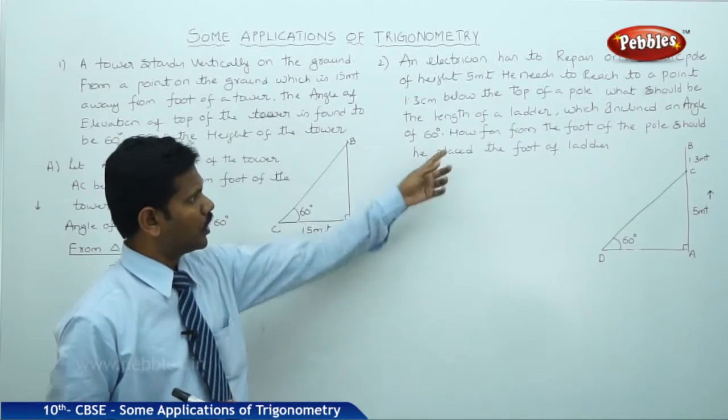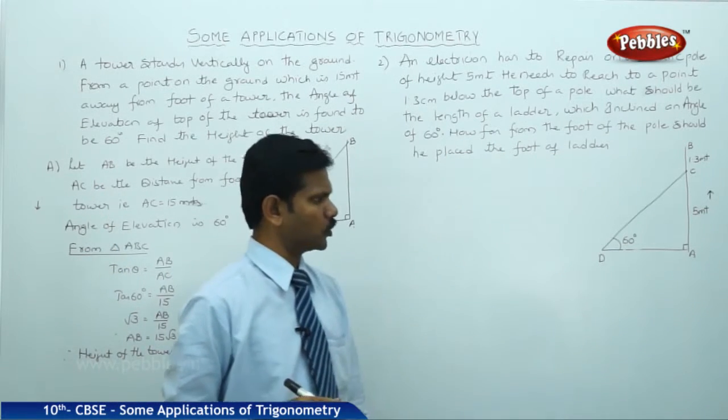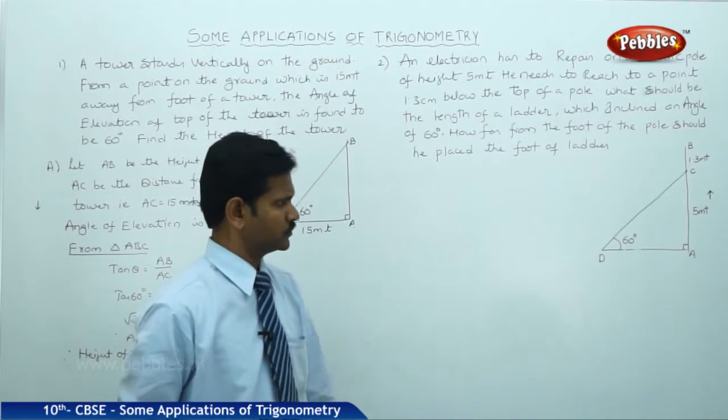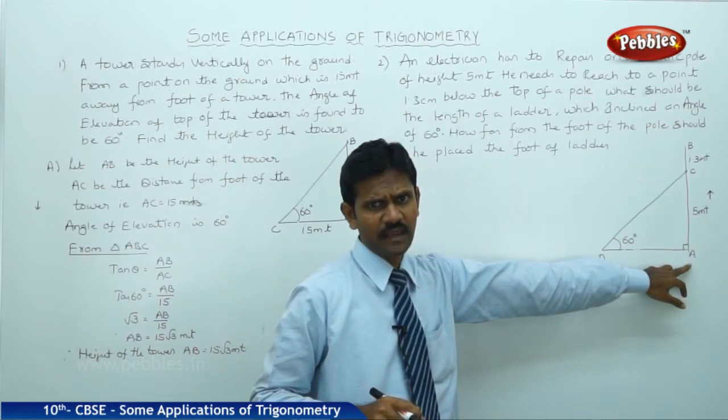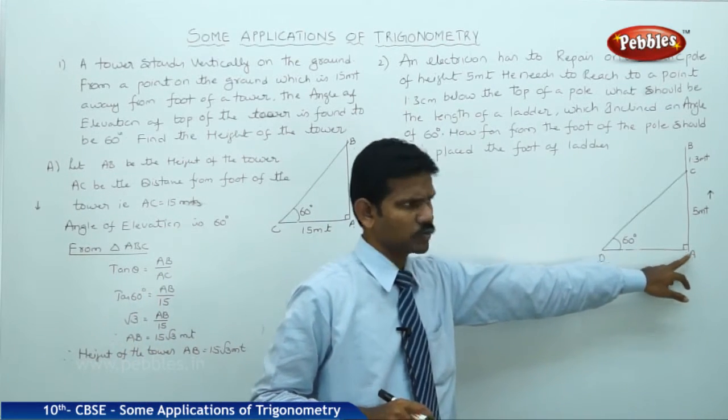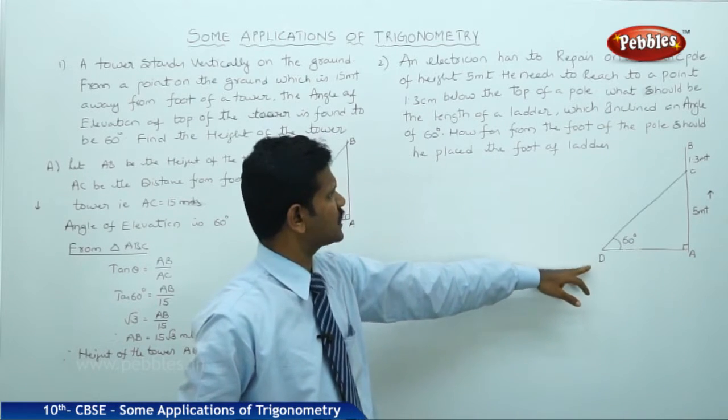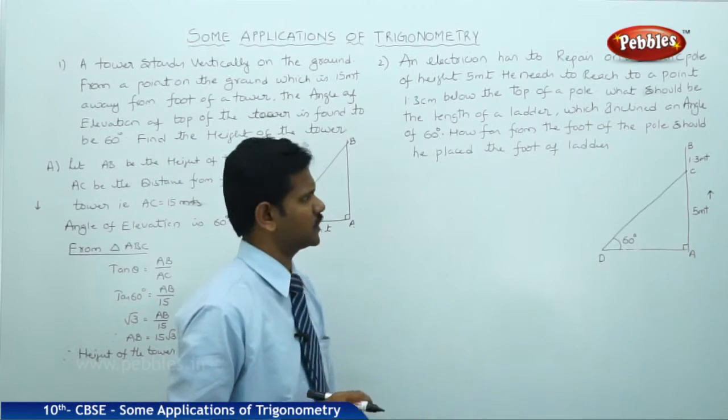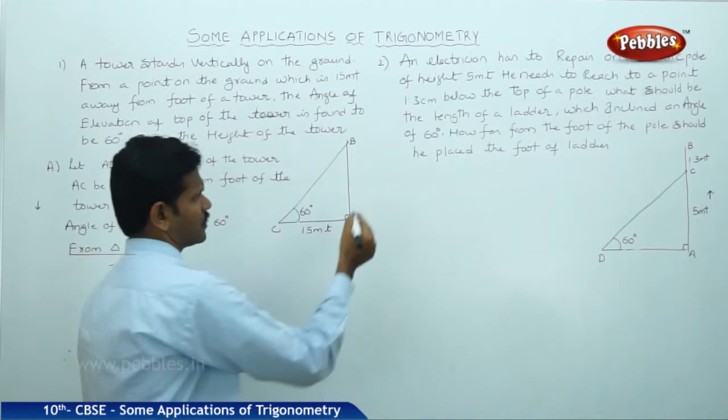Now, how far from the foot of the pole? The foot of the pole is A. From here, how far must the ladder be placed? That is the question for us. Now let us see.